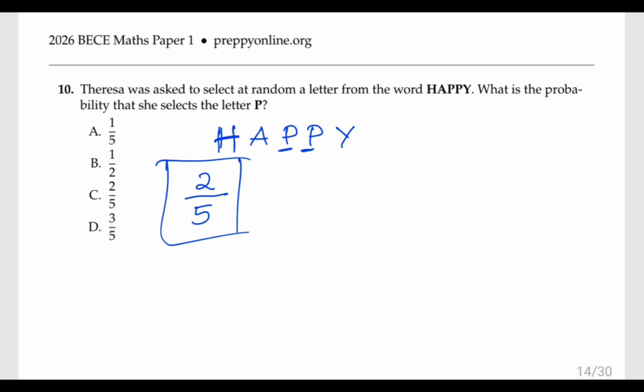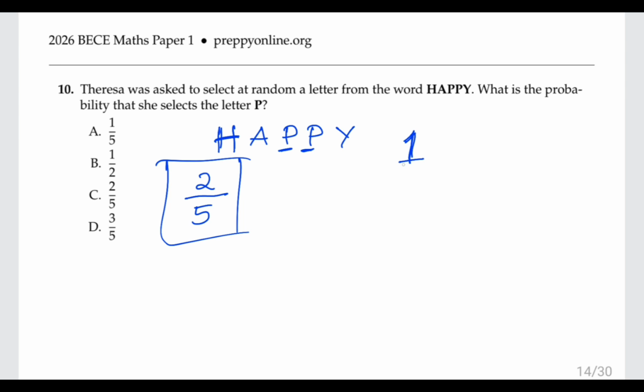Maybe to explain further, if each one has an equal chance of being chosen, then because the total probability is 1, some letter is going to be chosen. So the total probability is just one whole number.